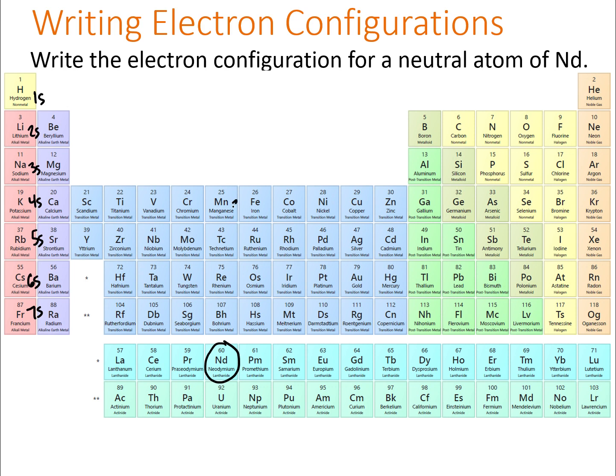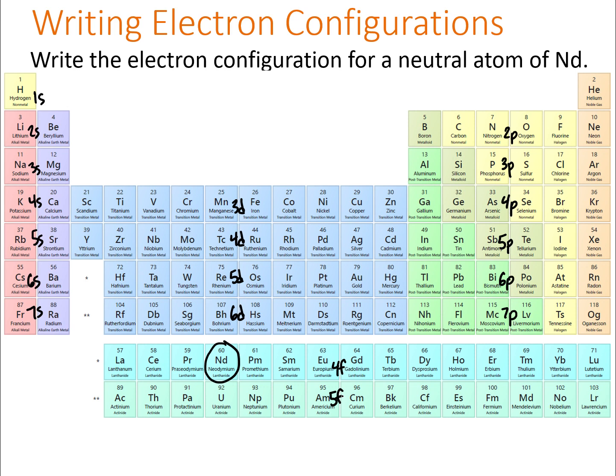I'll do all the labeling, and I do this on purpose so that you can get used to it. I would recommend that you draw this out for yourself and draw it out a few times so that it becomes natural and you almost don't need to draw it out anymore. You can just see it on the periodic table.